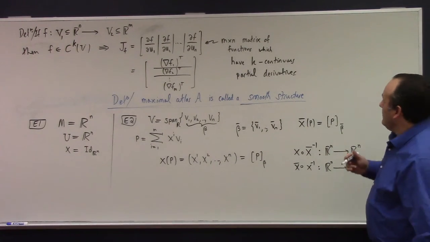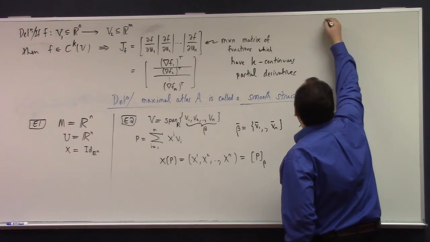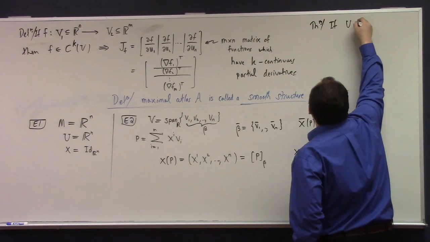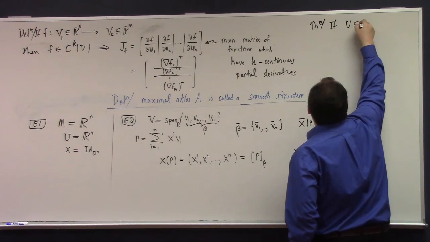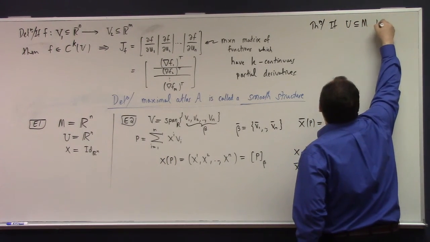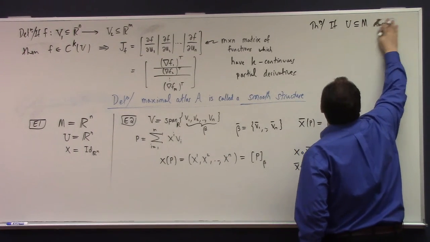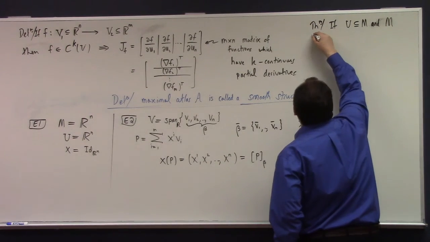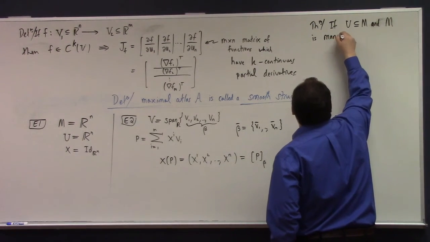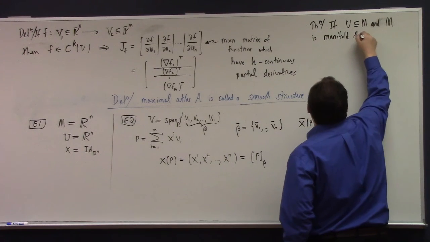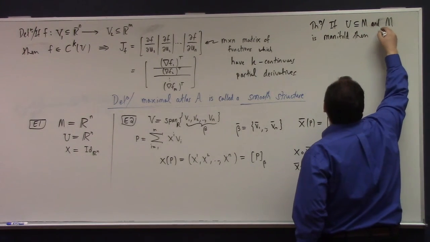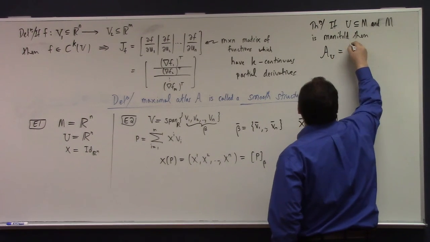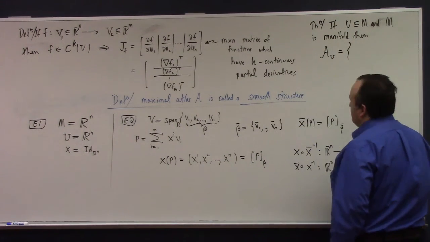Okay, so here's another one. Here's a theorem. If M is a manifold and U is a subset of M, then we can construct an atlas for U as follows. How are we going to do it?